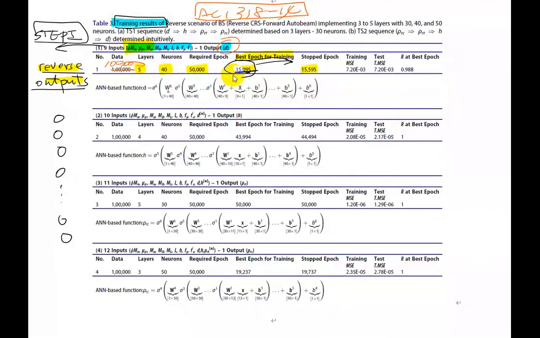But at 15,595 epochs, you will stop, because there is enough evidence that you cannot improve your training accuracy anymore. So your neural network stops right there.